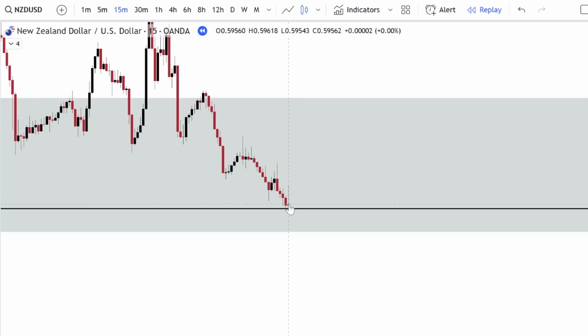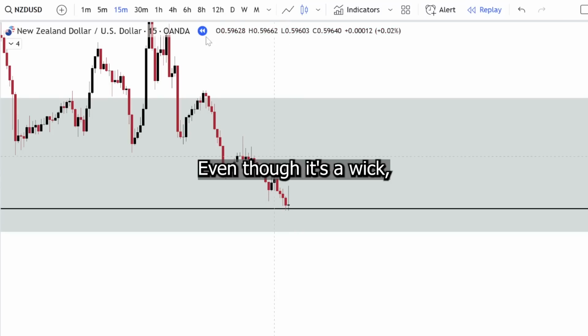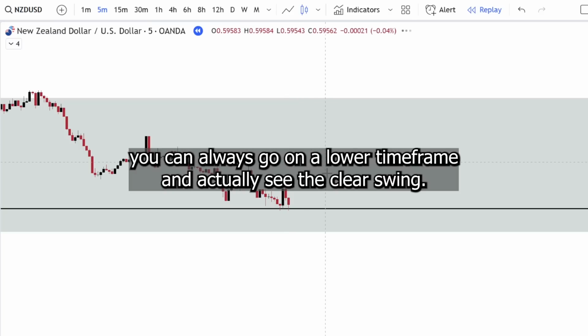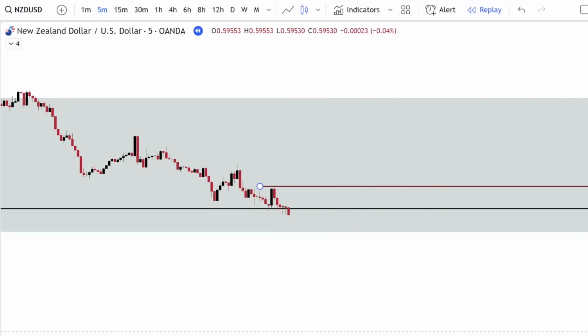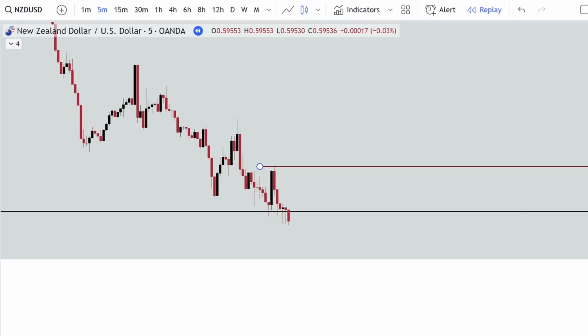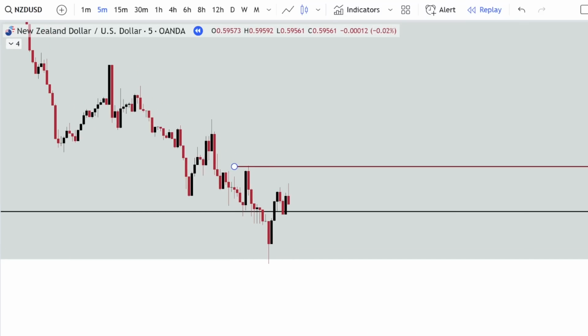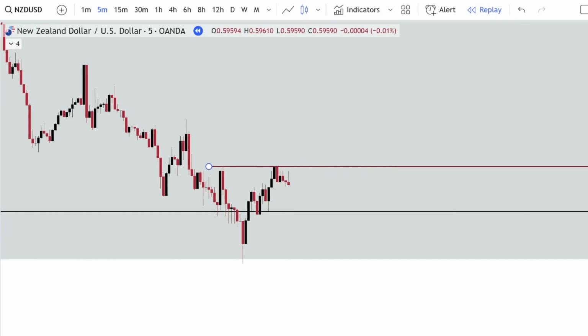So here you have your initial contact, and this is your rejection. Even though it's a wick, you can always go on a lower time frame and actually see the clear swing. So now what you want to do is draw your rejection level right here, and look at price rejecting from this level.